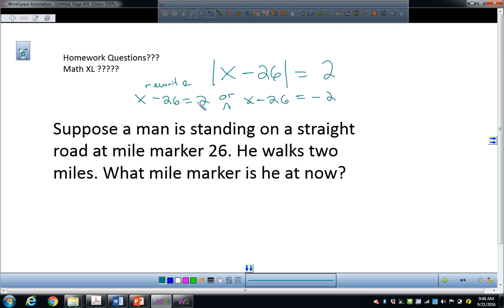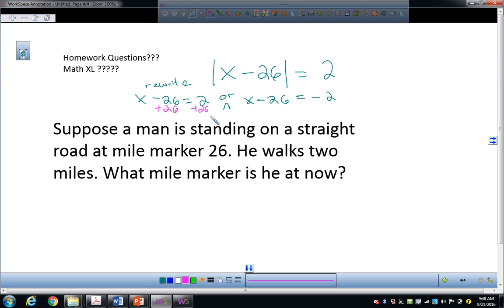What do I get when I solve this equation? Joey, what do I get? X minus 26 equals 2. What's x equal to? How do I solve that? Come on. Not subtract. What do I do, Maddie? Add 26.